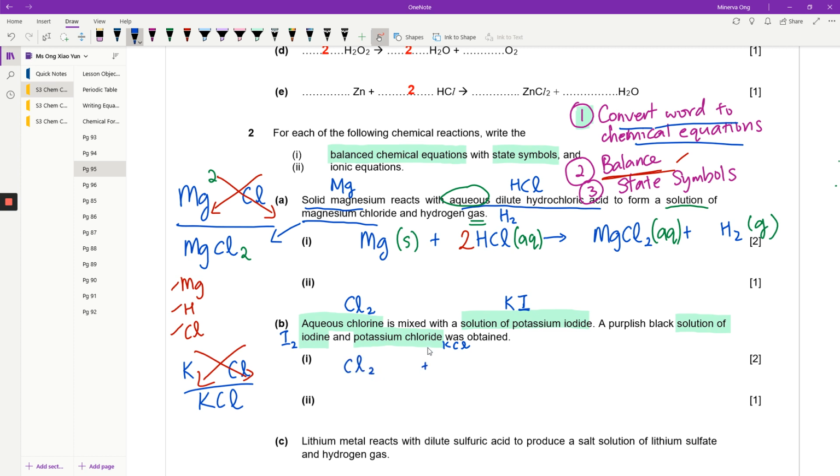Chlorine, KI, iodine, KCl, which is potassium chloride. So balance, okay, because there are 2 chlorine here, on the other side I have to balance. Okay, so chlorine, balance.